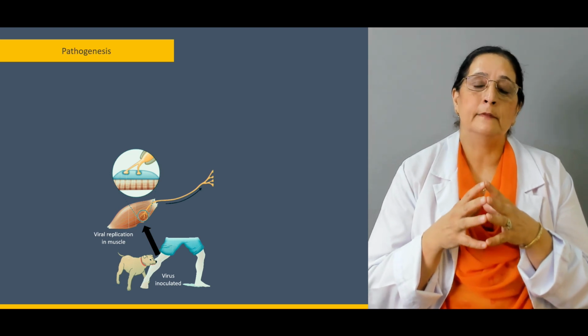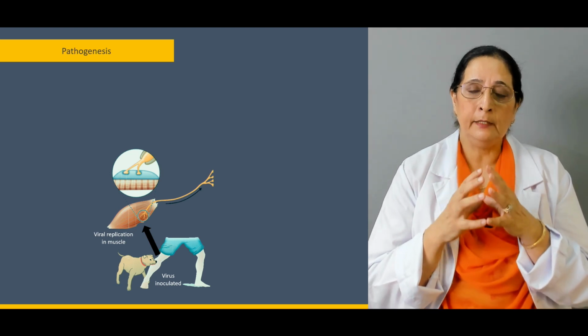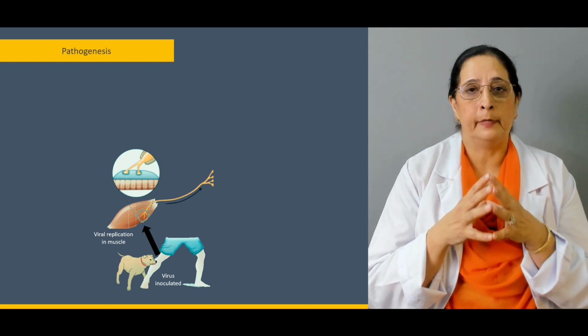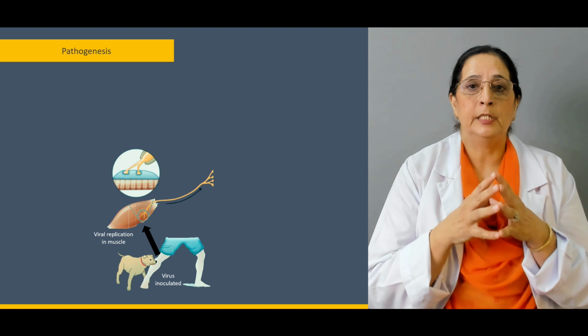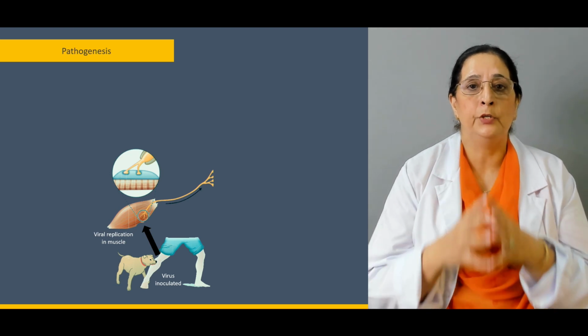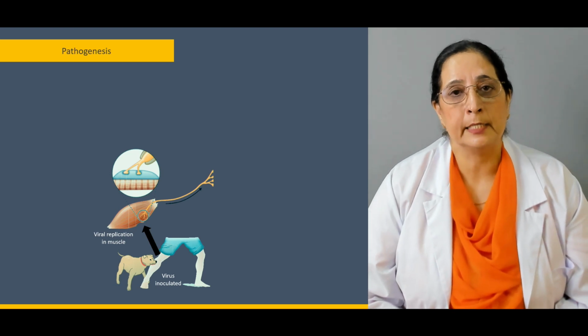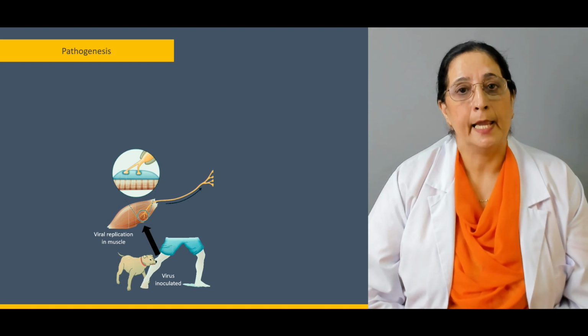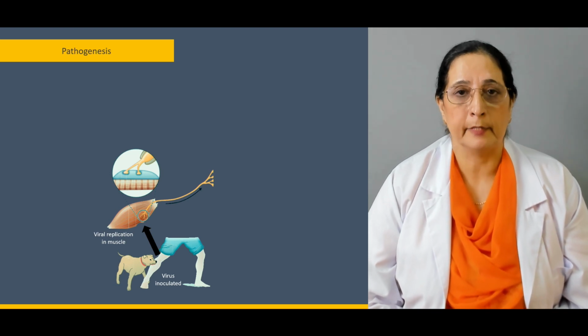Neuron is the nerve cell. And in the neuron, we have the neuromuscular junction, which is the junction between the muscle and the nerve fiber or the neurons. There are receptors present, and these receptors are known as acetylcholine receptors.